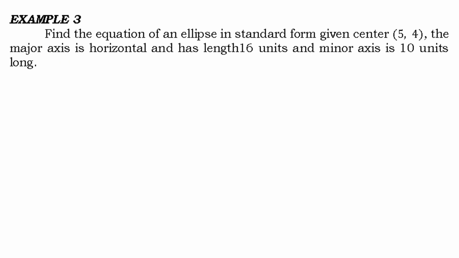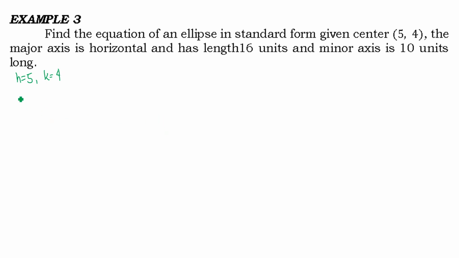Okay, now we can see here that our h would be 5 and our k is 4. Okay, now take note that the length of the horizontal axis is 16. So 2a siya.